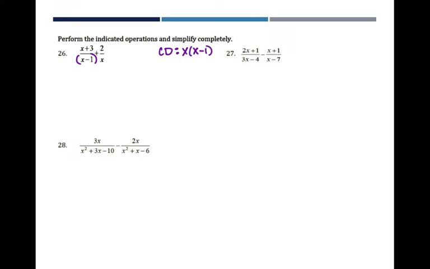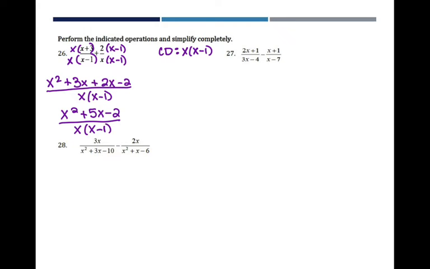And what you're trying to do is to get your fractions to have the same common denominator. So I notice my first fraction is missing the x, so I'm going to multiply my first fraction by x. And my second fraction is missing the x minus 1.